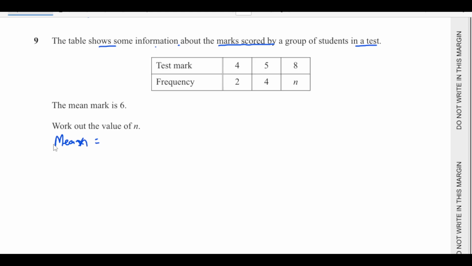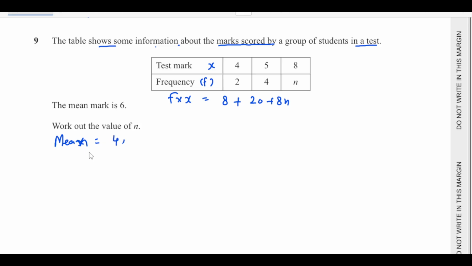So, f is the frequency here and this is x here. So, we are going to multiply f times x. So, this is 4 times 2, it is 8, then 5 times 4 it is 20, then 8 times n it is 8n, right. That is what I am going to write here.